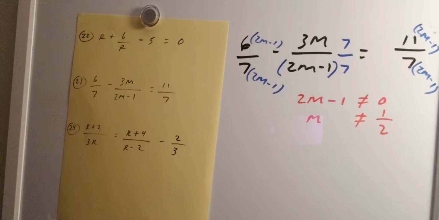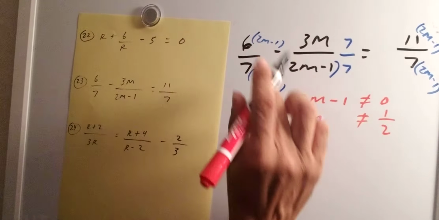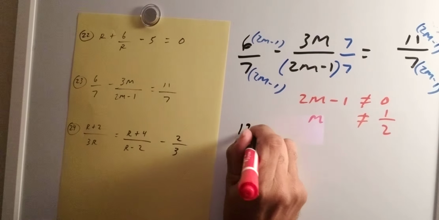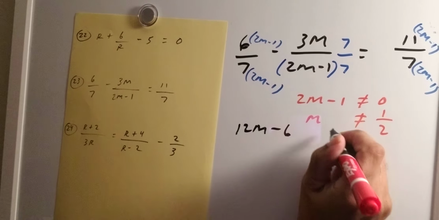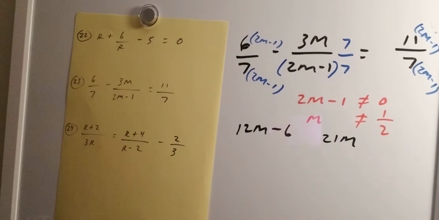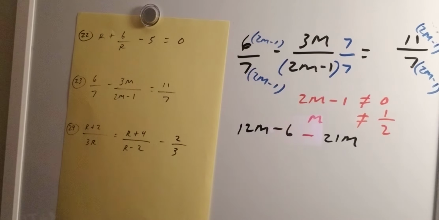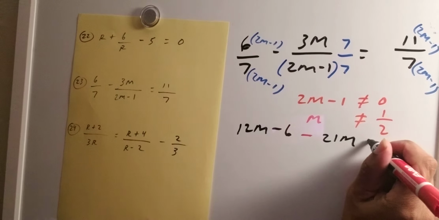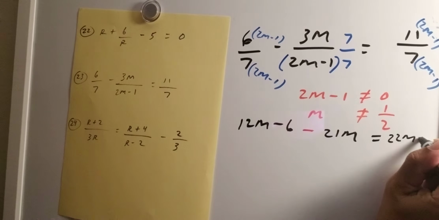Solution or solutions. Now, we only need to consider numerators. Distribute the 6. 12m minus 6. We have 21m which needs to be subtracted, equals 22m minus 11.